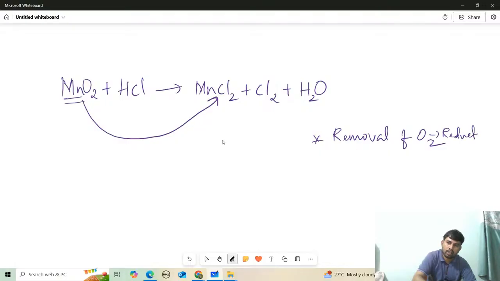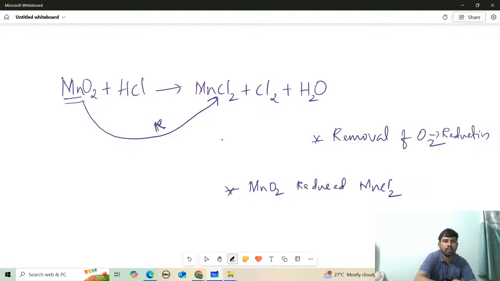So in that way also I can say here to here there is a reduction process. MnO2 is reduced to MnCl2. This is one method I'm saying.